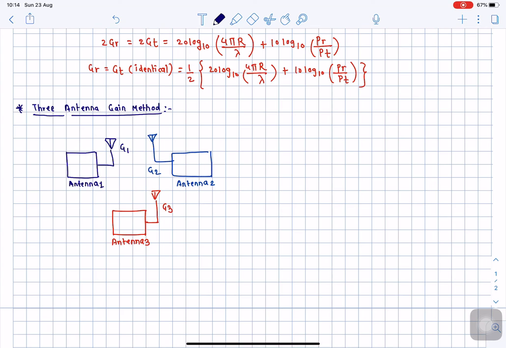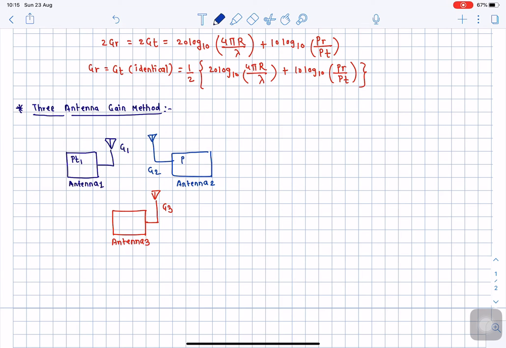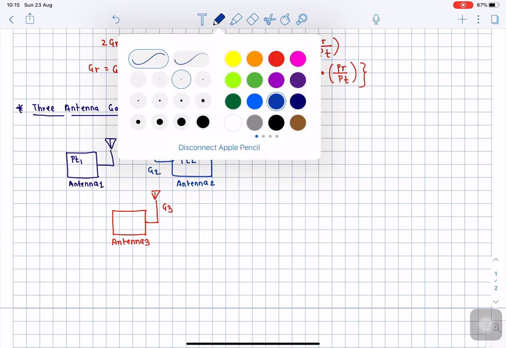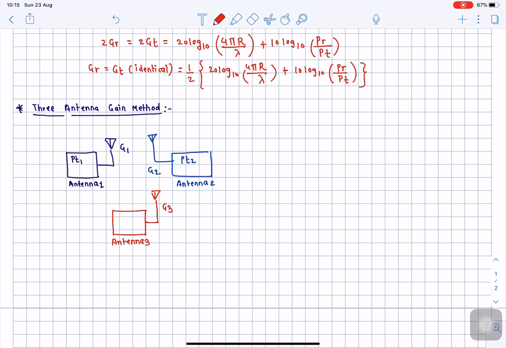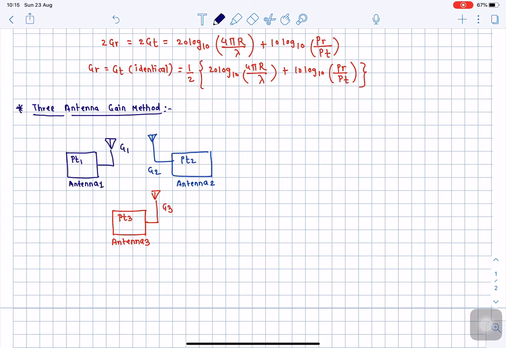is say PT1, right? Similarly, the power transmitted by antenna 2 is say PT2, and similarly the power transmitted by antenna 3 say PT3. These could be different powers. Now similarly, these antennas are going to receive certain power, and this received power could be from the cumulative summation from all these different antennas, and PR1 is say the received power by antenna number 1.